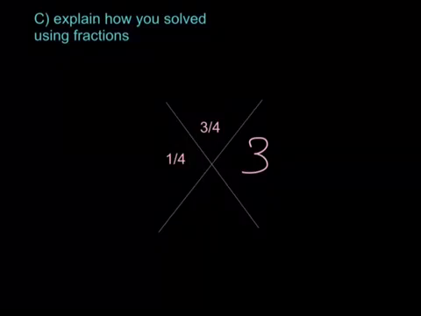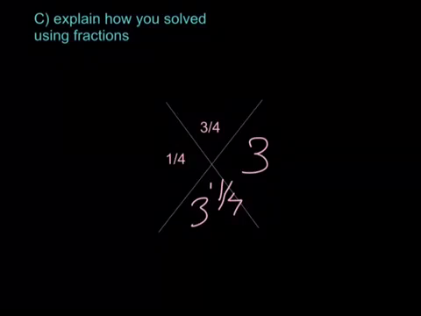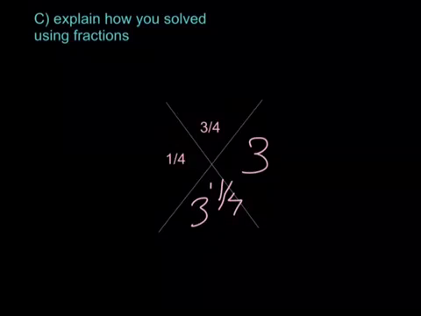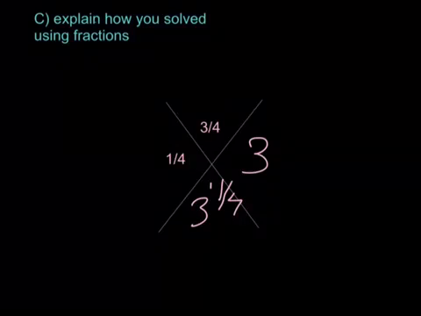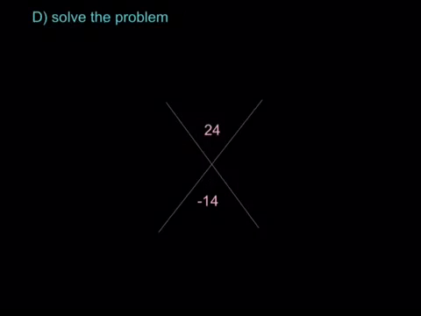And added together, 3 and 1/4 would be 3 and 1/4. Let's go on to the next problem. To explain, you would say that by looking at 3/4 and 1/4, 3/4 is the same as saying 1/4 times 3. Let's go on to the next problem.